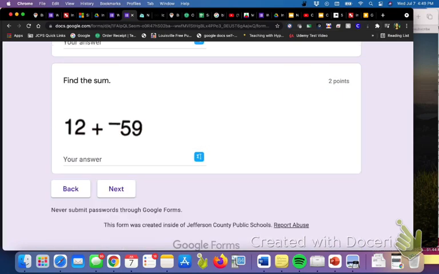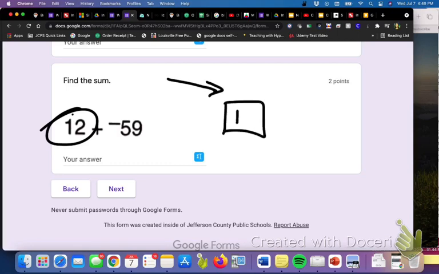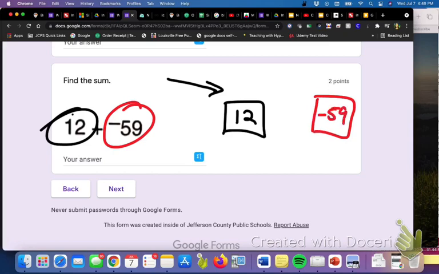In problem number 2, I'm going to still approach it from the same idea. So rather than a negative number, this time I would be putting into the workspace a positive 12, but I would also be putting into that workspace a negative 59. So think about what would happen when you have those chips.